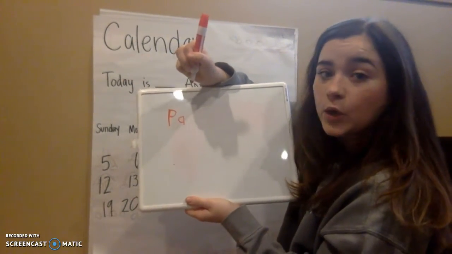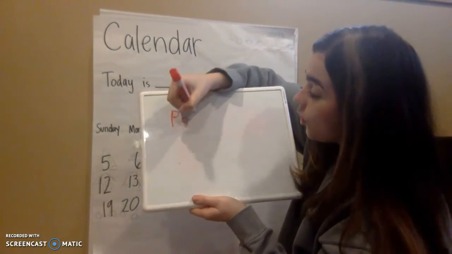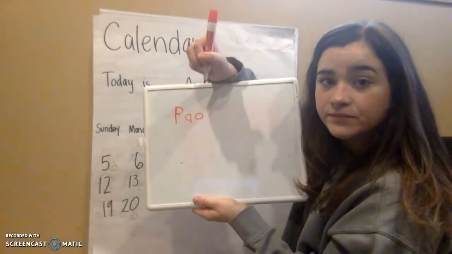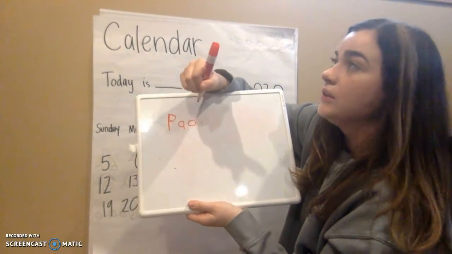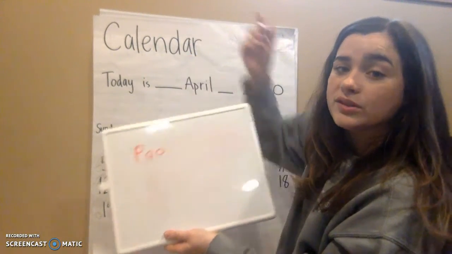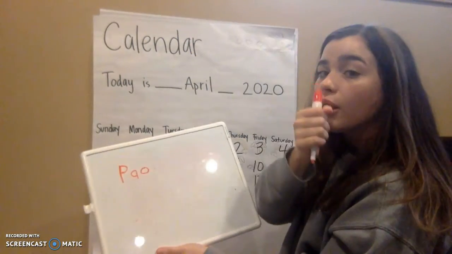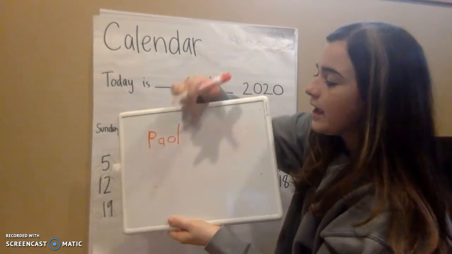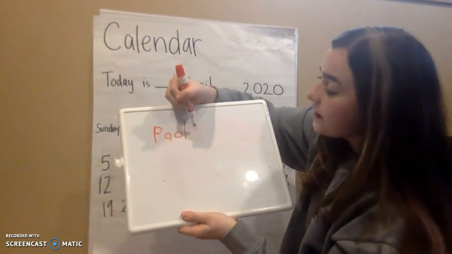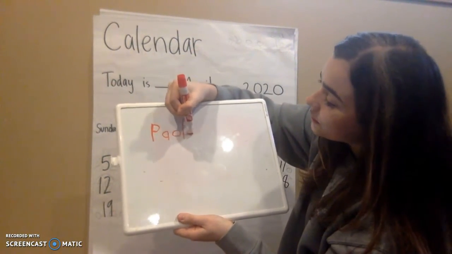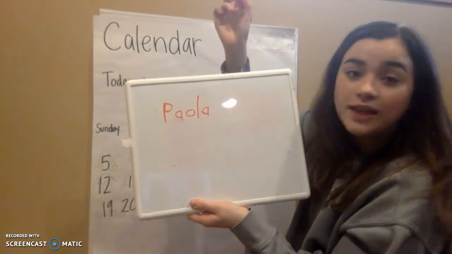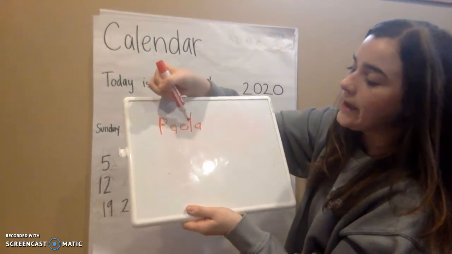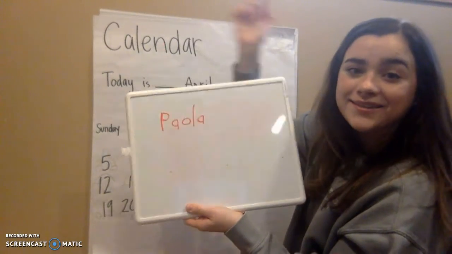The next letter in Paola's name is O. So we do little curve, little curve. The next sound in Paola's name is L. So I'm going to do big line down. And then lastly, A. So we're going to do little curve, little line. And that is how you spell Paola's name. P-A-O-L-A.